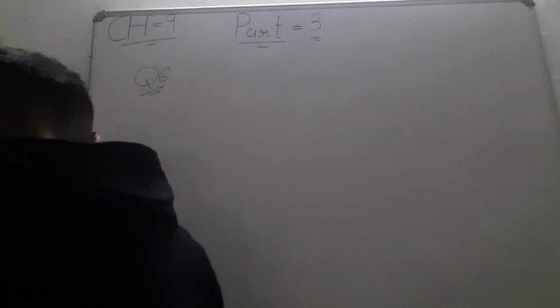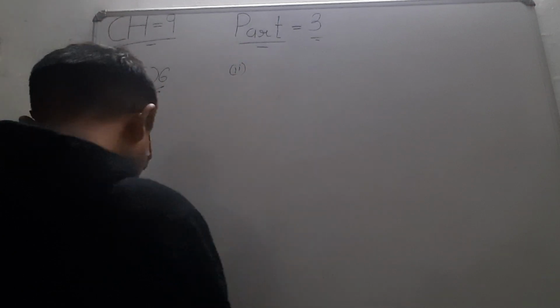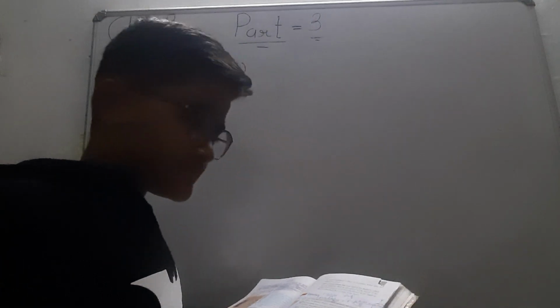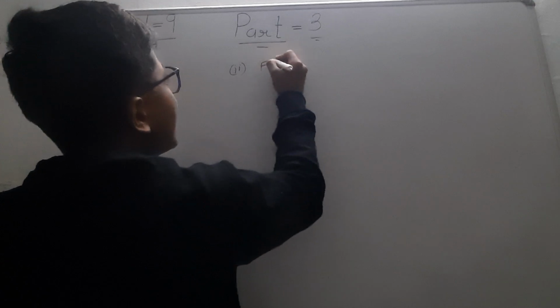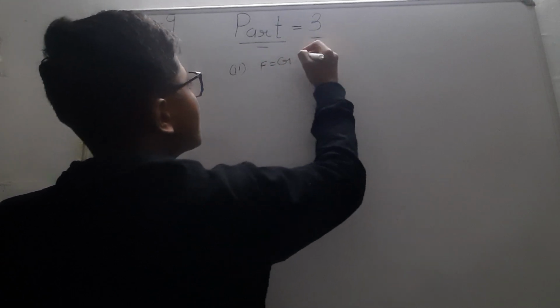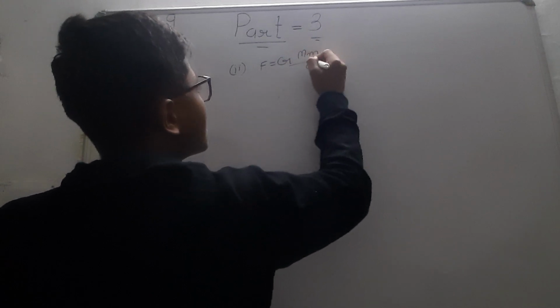Let's move ahead to part 2 of question number 6. What is part 2? They have told that the distance between the objects is doubled and tripled. So F is equal to G big M small m upon d square.